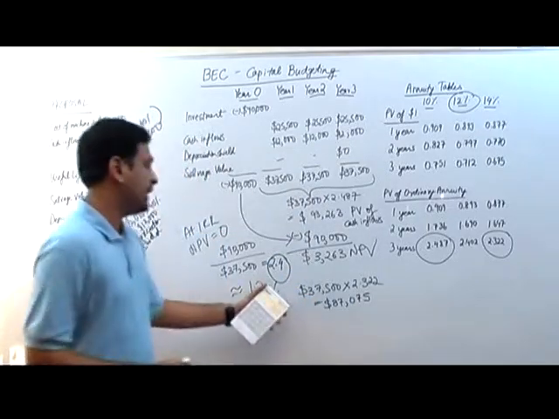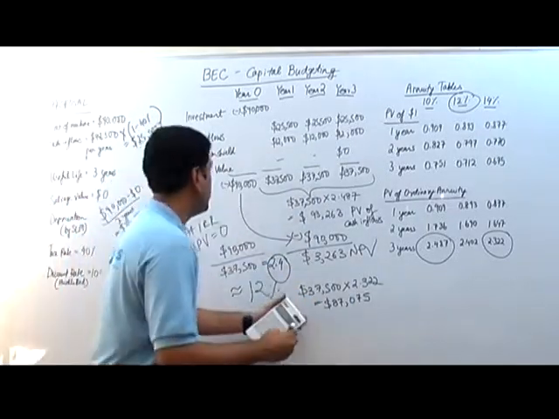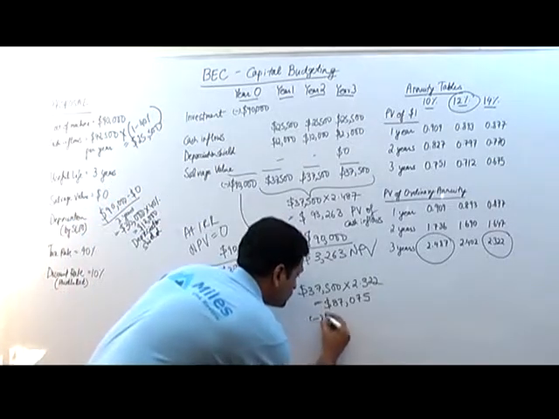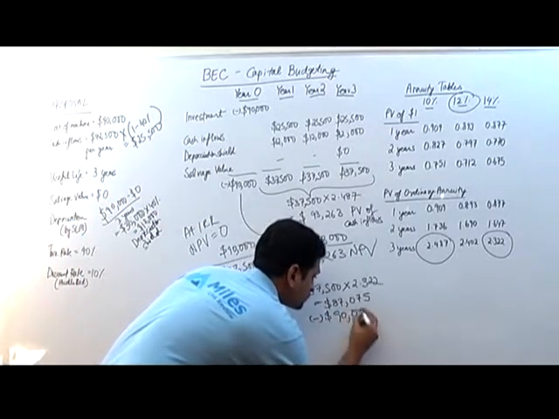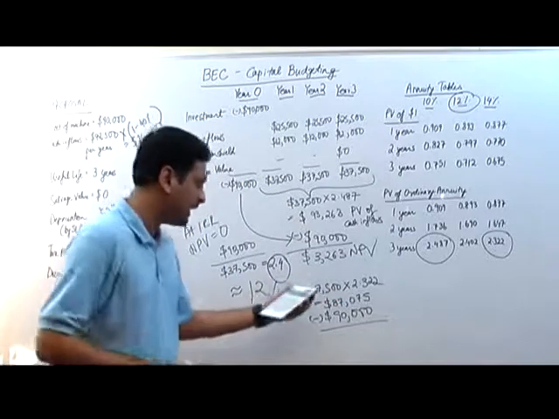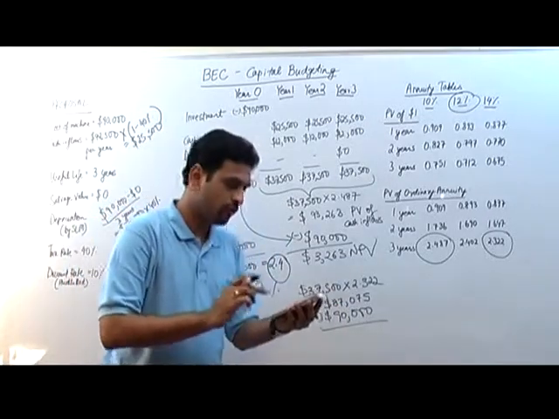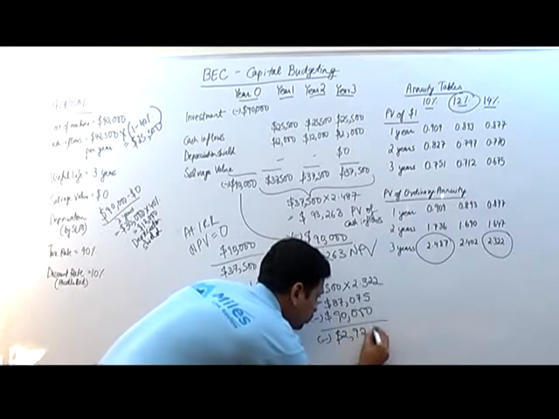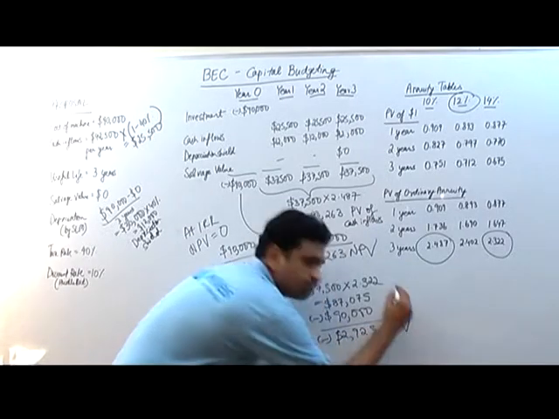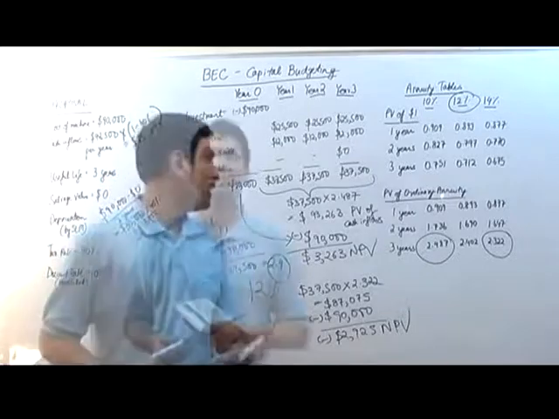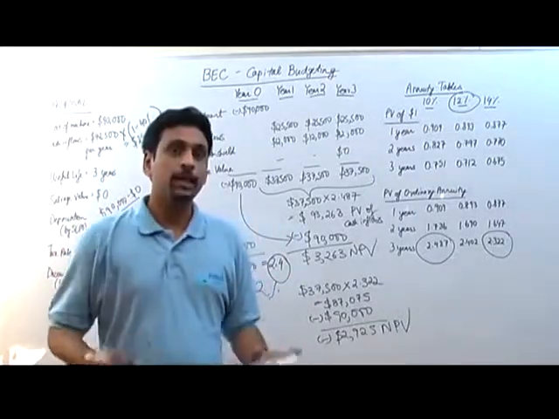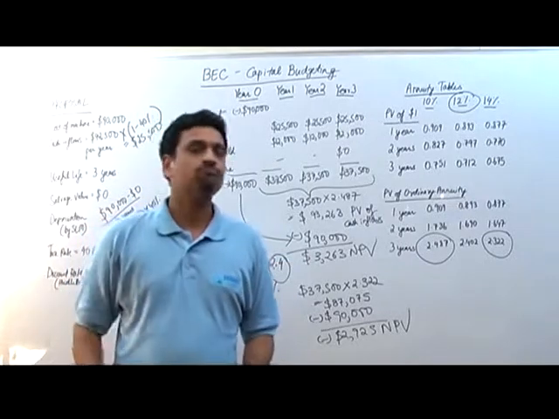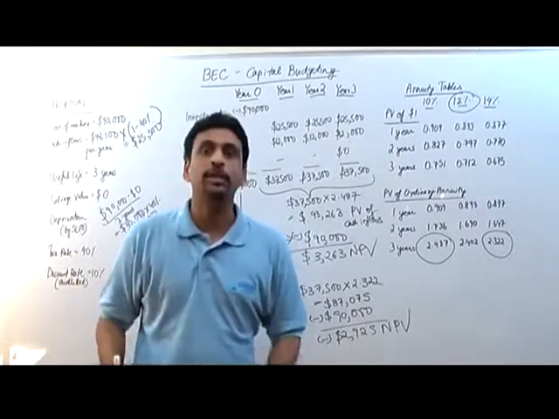Now to calculate the NPV, we again need to subtract the present value of cash outflows, $90,000. This gives us a negative NPV of $2,925. As I said, negative present value would mean that the project does not have any economic value. You scratch your head. This project will be rejected.